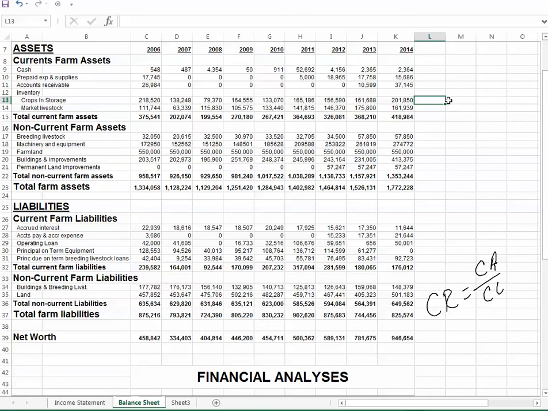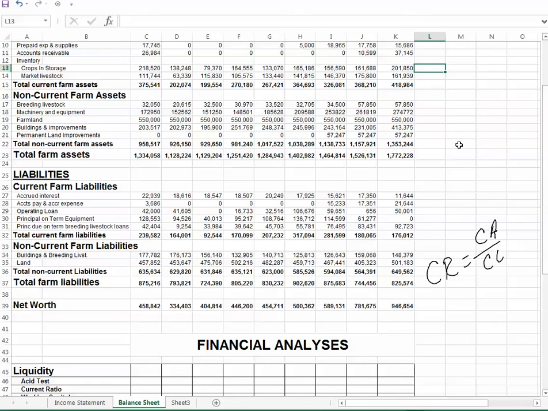So the current ratio is really, do you have enough current assets, cash, and things held for sale to pay your short run liabilities? So the idea of liquidity is a short run concept, being able to pay your debts in the next year. It doesn't have anything really to do with overall wealth. It just has to do with the short-term ability to pay.